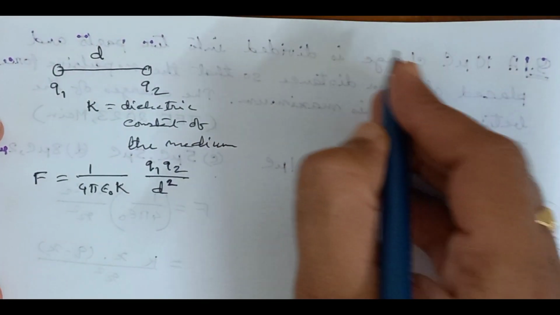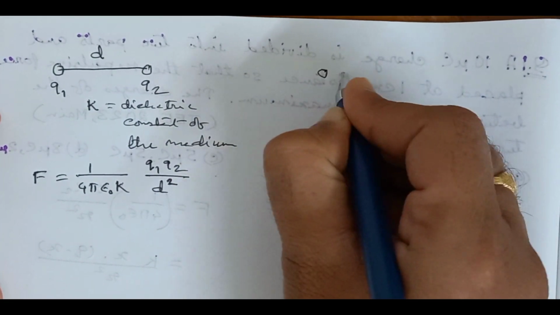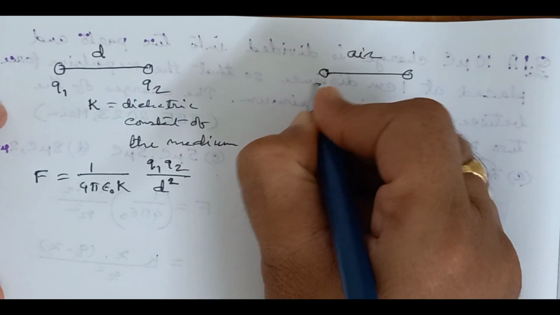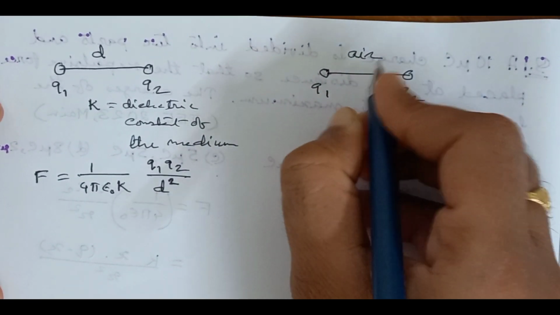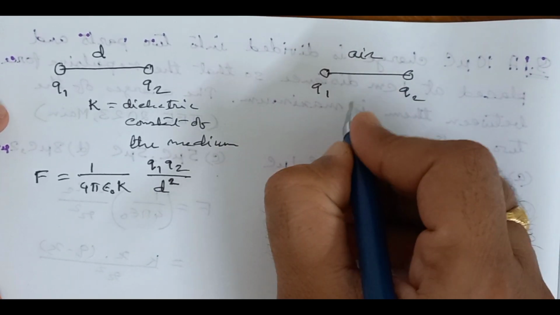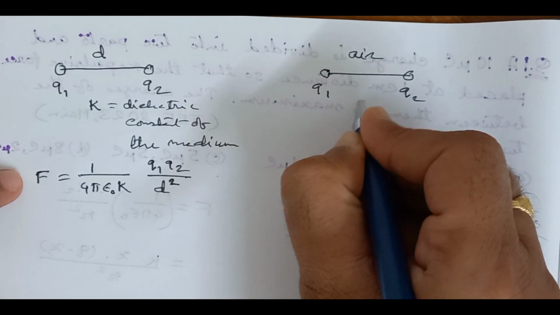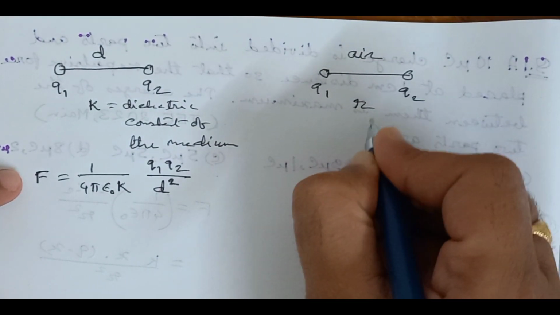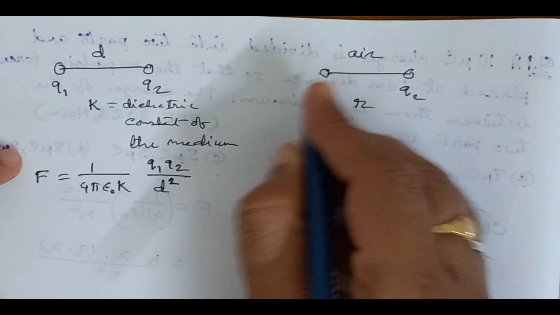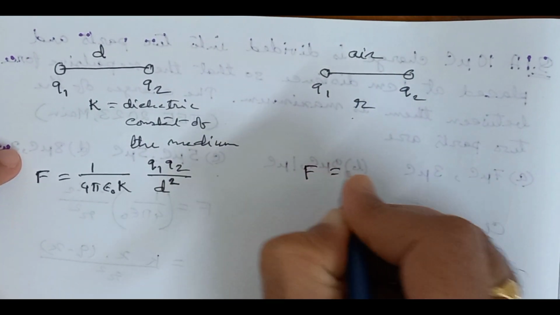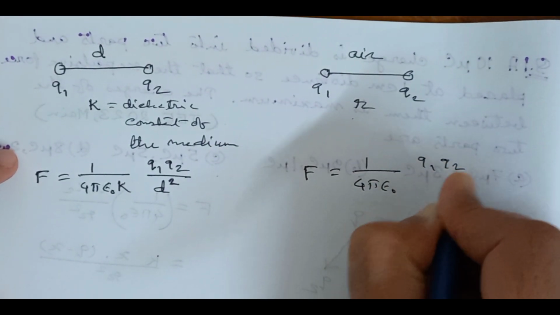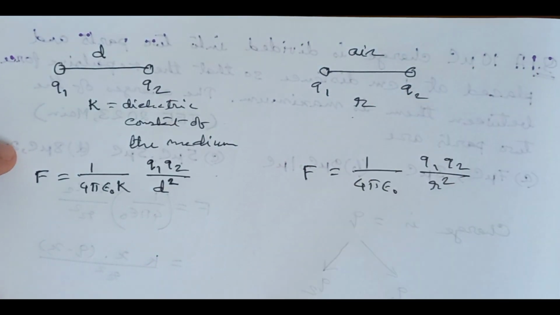And if we keep the same charge in air, consider the distance between these two charges for the same force will be R. So for this case, the force F is equal to 1 by 4 pi epsilon 0 Q1 Q2 by R square.